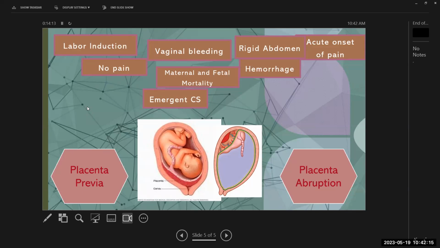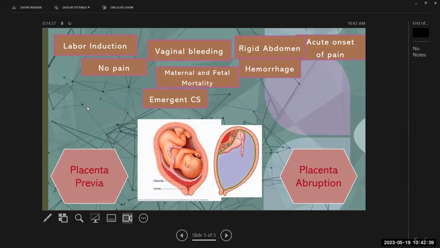She's going to have a lot of pain, acute onset of pain. Her abdomen is going to be very firm, rigid, and she's hemorrhaging. If you can imagine, when the placenta pulls away from the uterus, you've got bleeding from the maternal vessels as well as backflow from the placenta, which puts the fetus at risk.